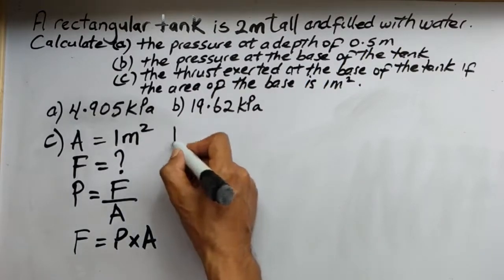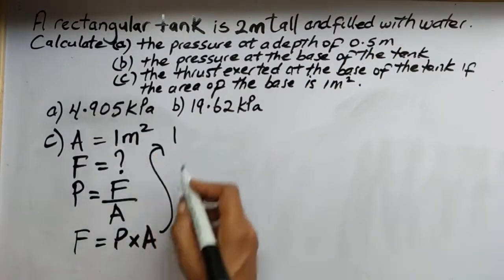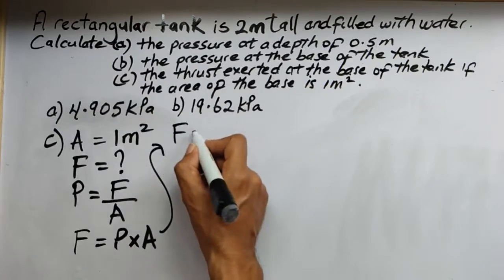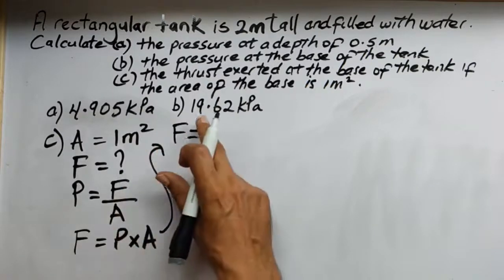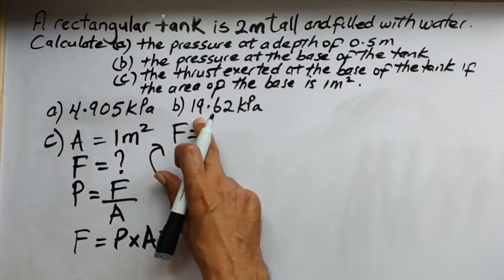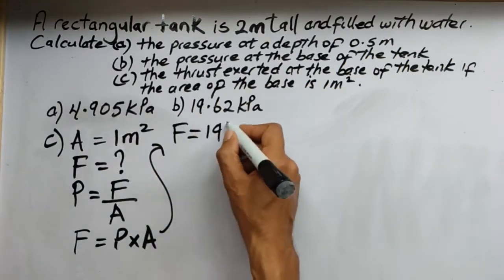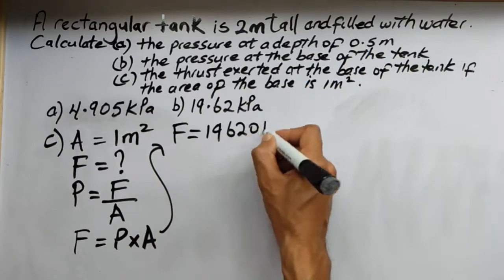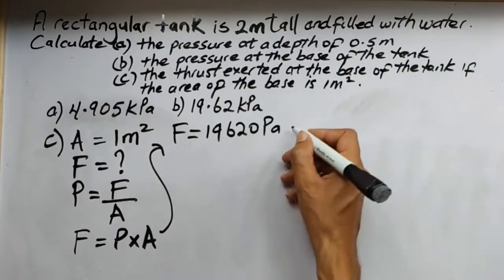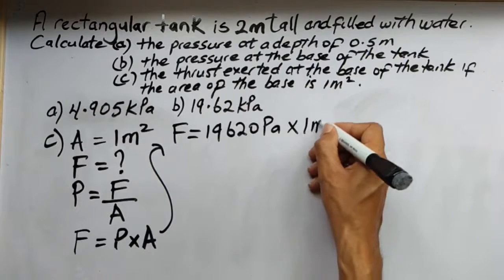In this case, force is equal to the pressure. Now we're going to write the pressure in pascals. 19,620 pascals, and we are going to multiply it by the area in meter squared.